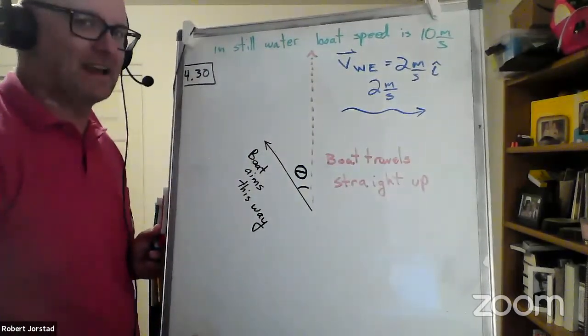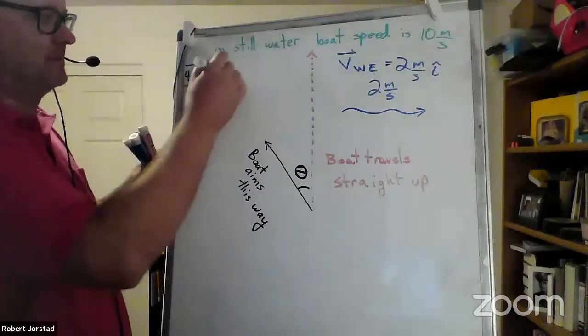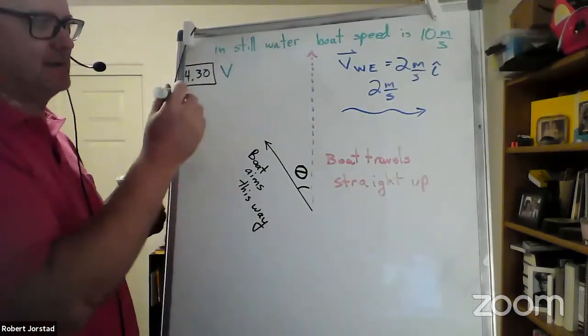What do you think I gave you there? Now that I pointed that out, okay. So we have that. What velocity is that? The velocity of the boat relative to the water is 10 meters per second in the j hat.